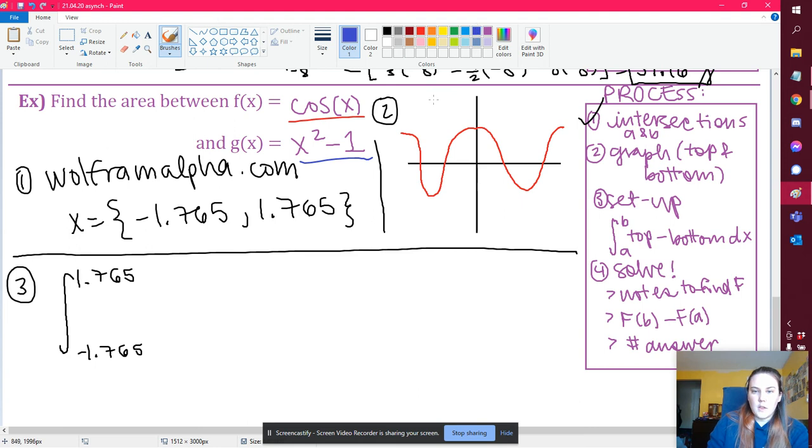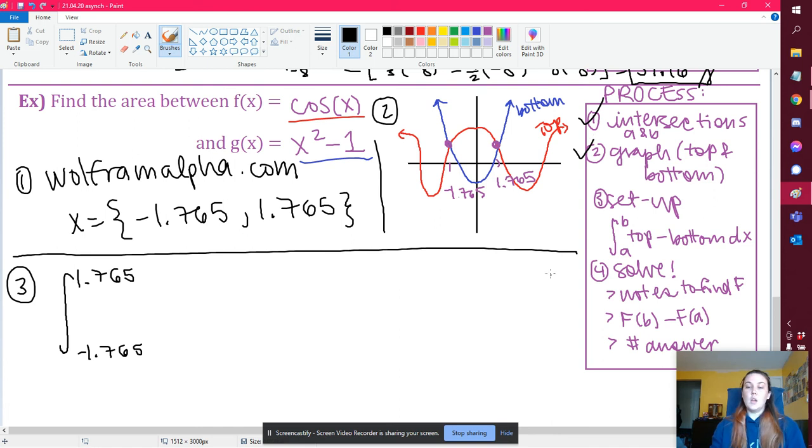Boom. And then this comes down about right here. Right? These go forever like a snake. And then our intersection points are again at negative 1.765 and at 1.765. This designates our red as our top function and our blue as our bottom function.